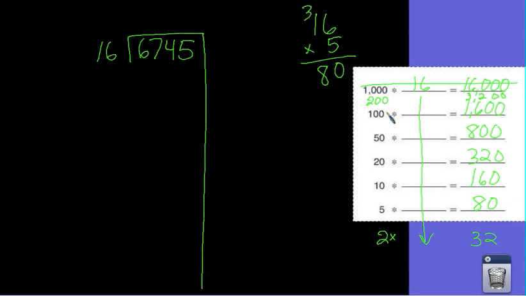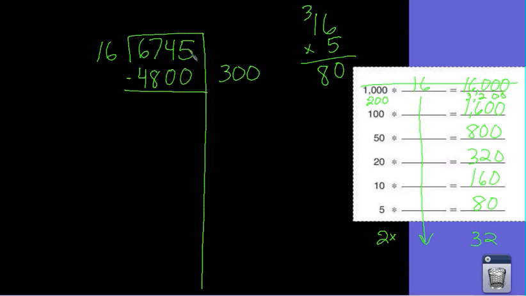So for my partial product for the first one, I'm going to use 300. 300 times 16 is going to be the sum of these two numbers. So 3,200 plus 1,600 is 4,800.